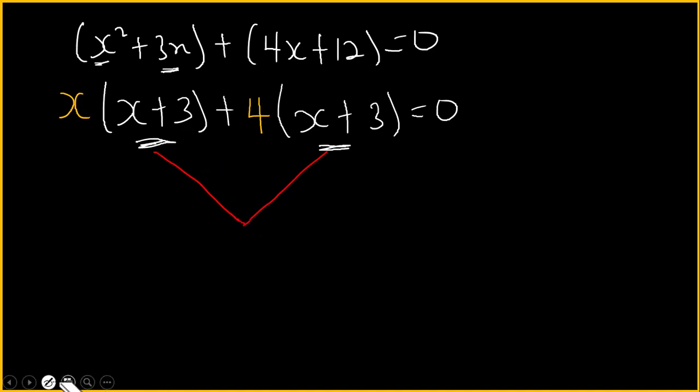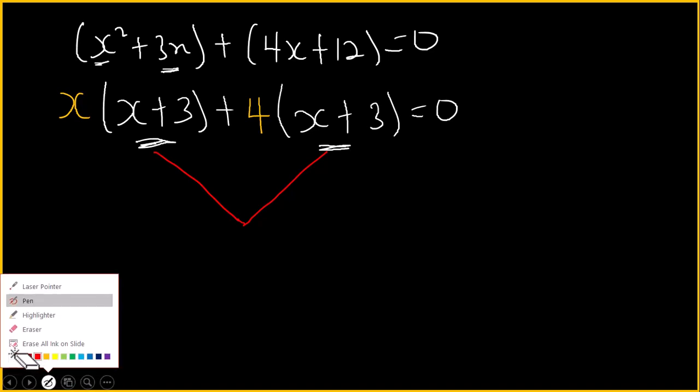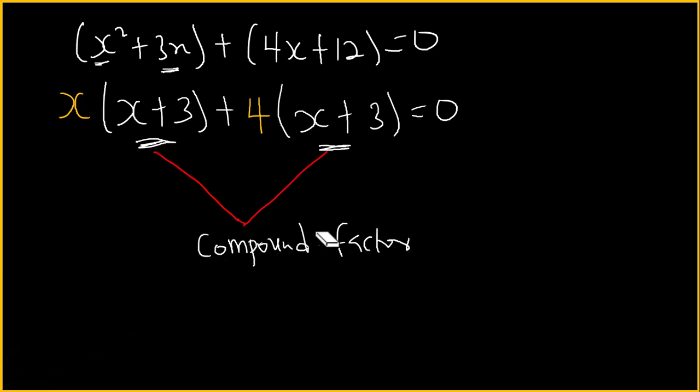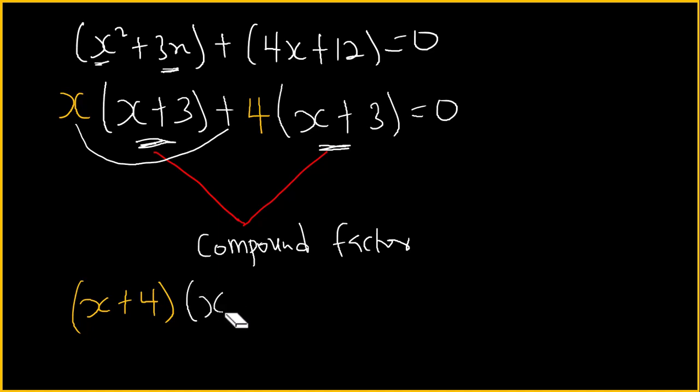So it becomes a compound factor. One of the factors is picked since it repeats itself. So we would combine x plus 4 as one factor, and choose one of the compound factor. Bracket close, x plus 3 is equal to 0.